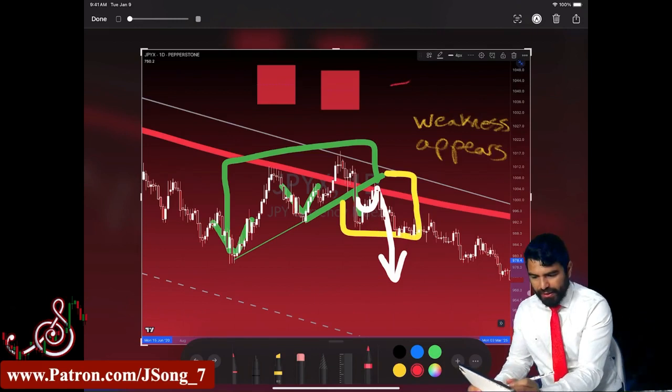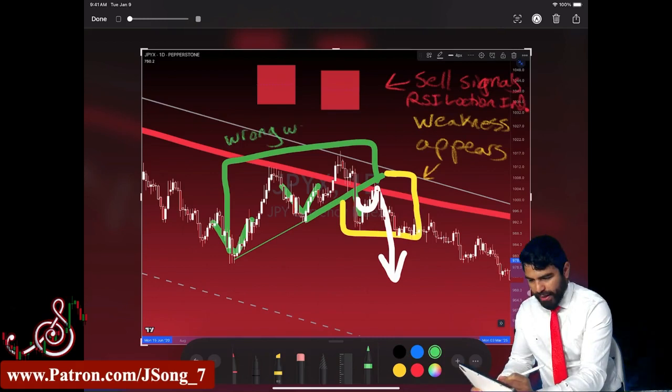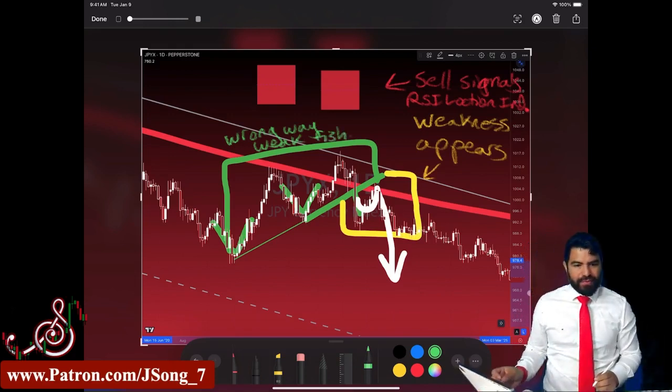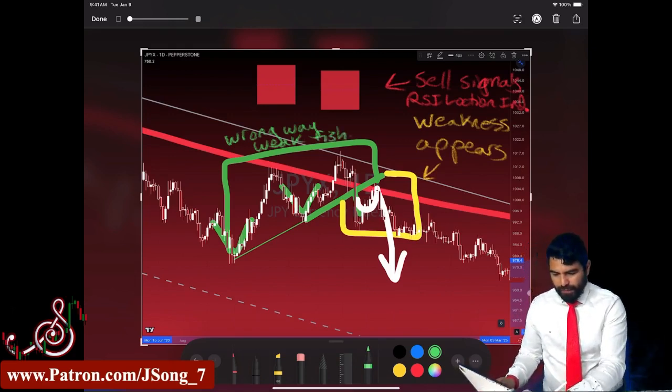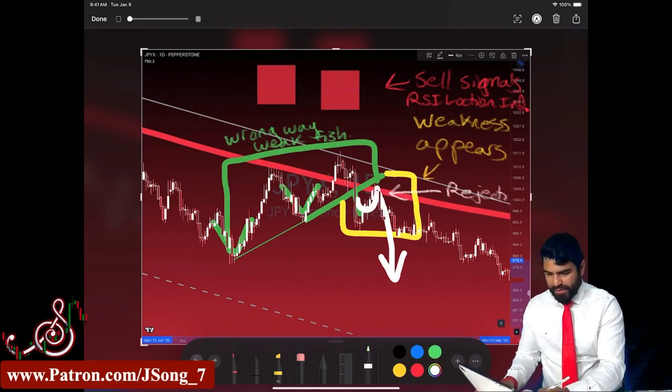Here at the top is our sell signals, RSI location indicator. Weakness fish, or weak fish. Okay, that's those fish swimming the wrong way. Rejection. I shouldn't put this here.